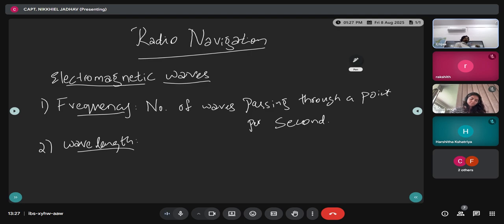From crest to crest, it is one wavelength, like this. It is the distance covered by a wave in a unit of length, or for one complete cycle. The distance covered by a wave in one complete cycle is called wavelength.